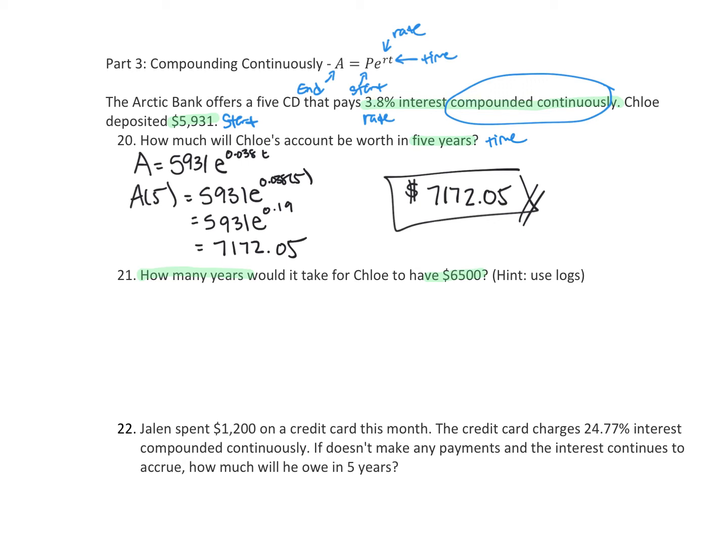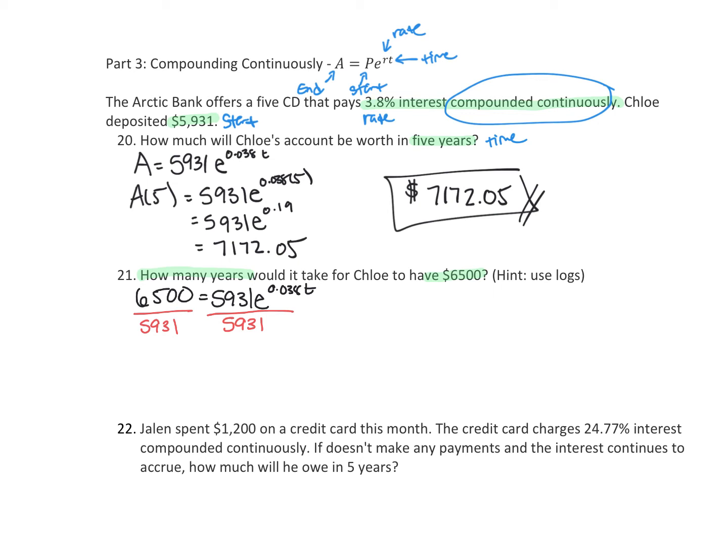So when we write up our equation, we'll have 6,500 is equal to 5,931 times E to the power of 0.038 times T. Now we have to solve for T. We're first going to start by dividing both sides by that 5,931. I'm going to keep this as an exact fraction.